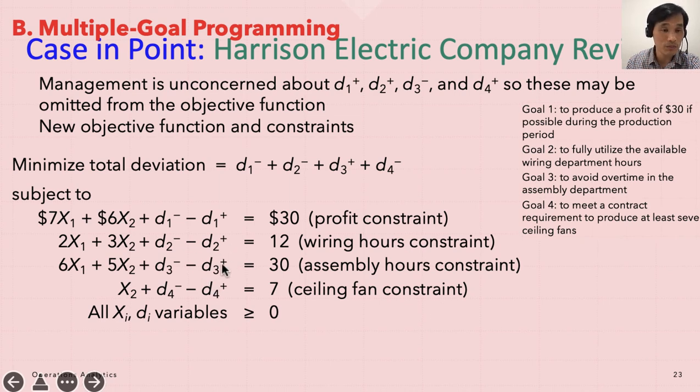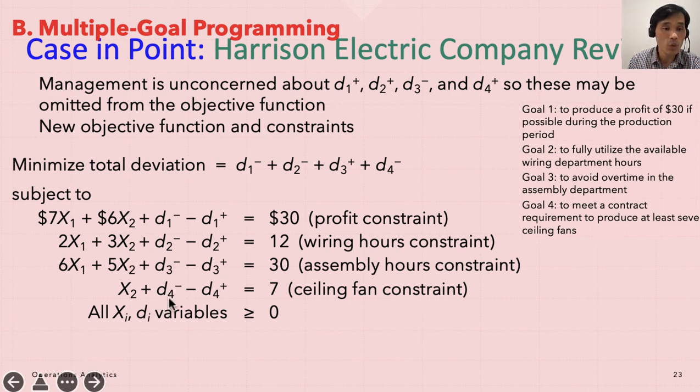So D3 minus minus D3 plus is there, the gap is there, but you want to minimize this D3 plus. And lastly, ceiling fans. This is a new constraint, and it says you need to produce at least 7. It's good if it is more than 7, but it's included in this D4 minus minus D4 plus gap, and you want to minimize the under production of this fan.